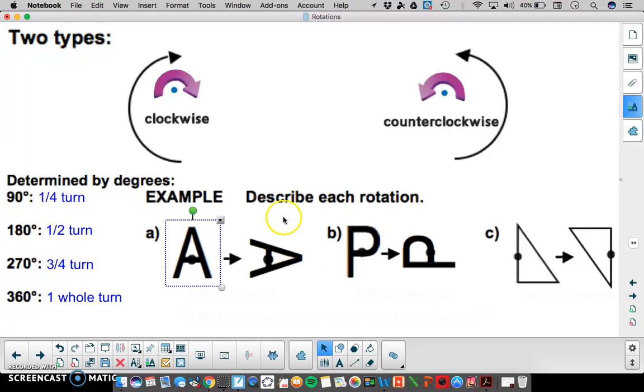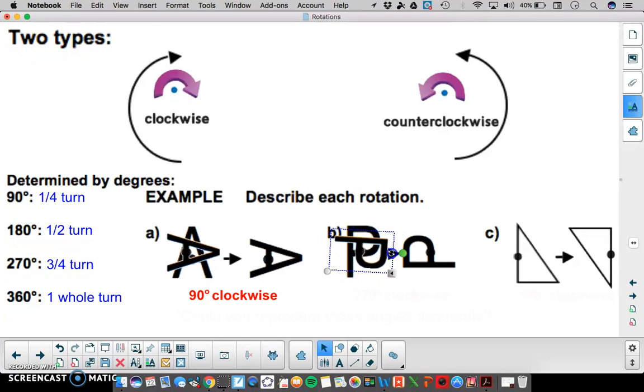So what we want to do here is describe each rotation that happened. If I were to describe this rotation, I could go clockwise 90 degrees. So that would be considered a 90-degree clockwise rotation. Here for the letter P, rotating clockwise, it would be 90 degrees here.